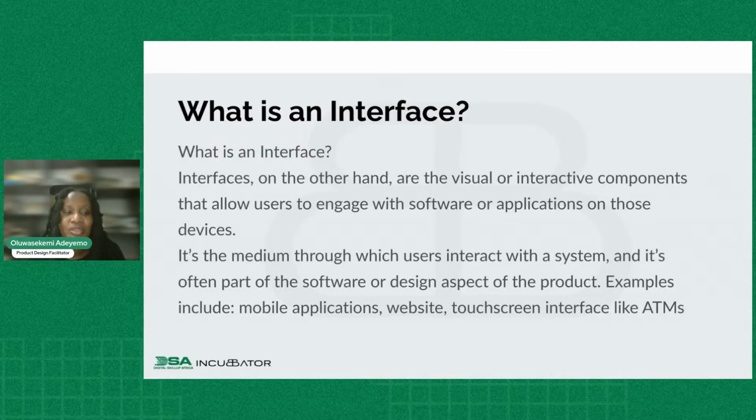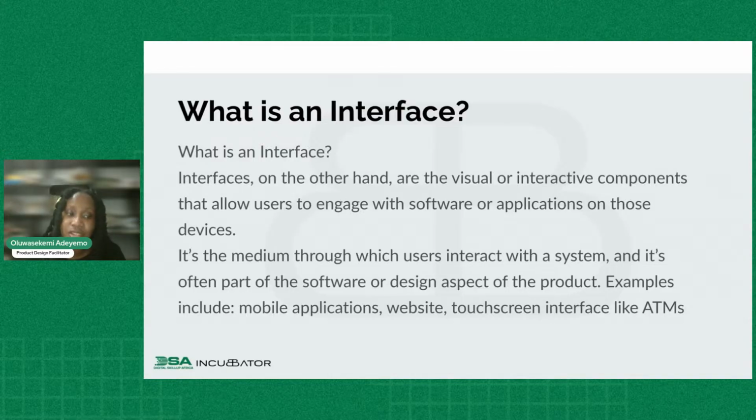I hope we're clear. So to say that again, a device is the hardware. Interface, you can say, is the software, but basically what we interact with. So let's not forget, if it's a phone, what we're interacting with is the screen, the click on the screen and everything.